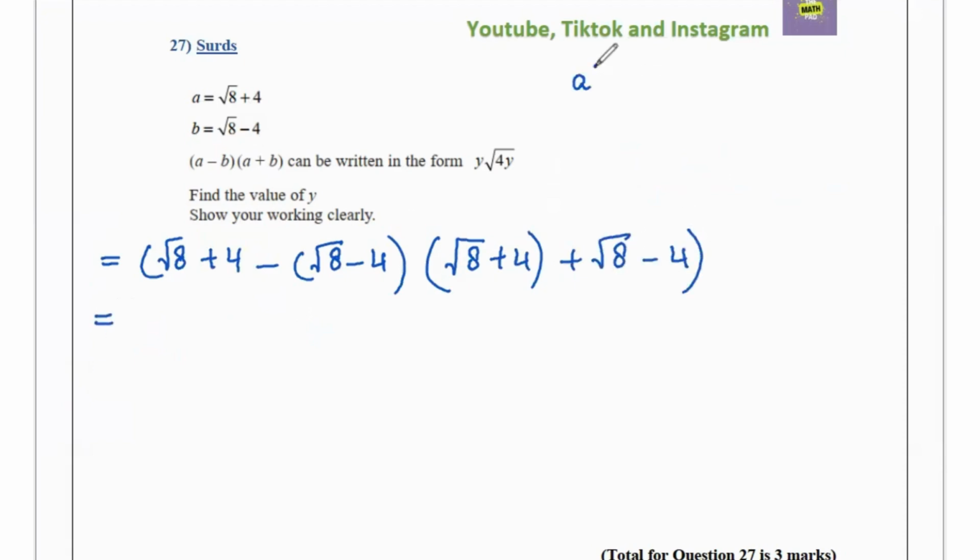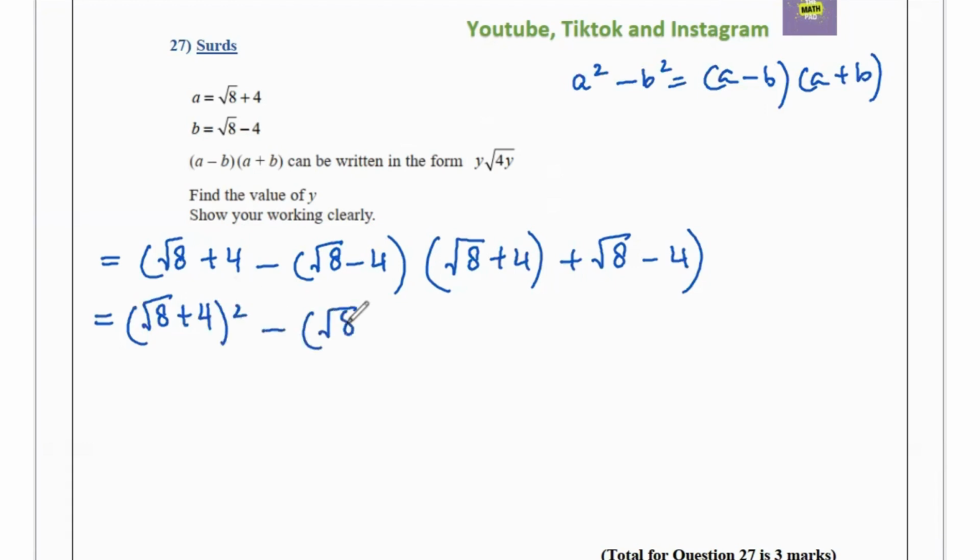If you remember difference of perfect squares, a squared minus b squared equals a minus b times a plus b. So we can rewrite this as root 8 plus 4 squared minus root 8 minus 4 squared.